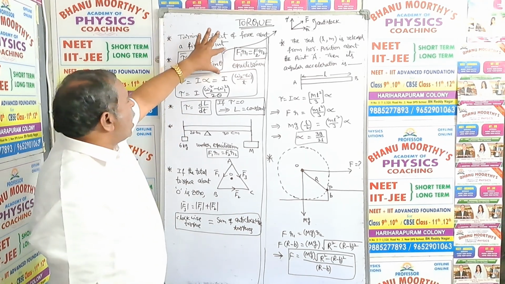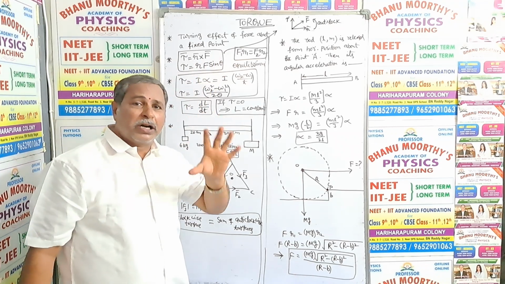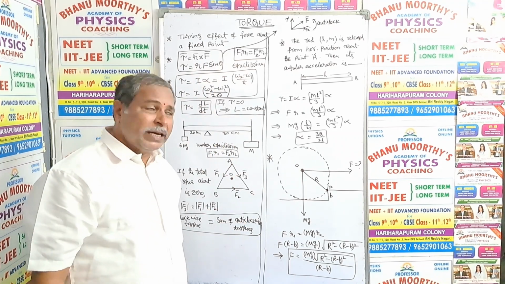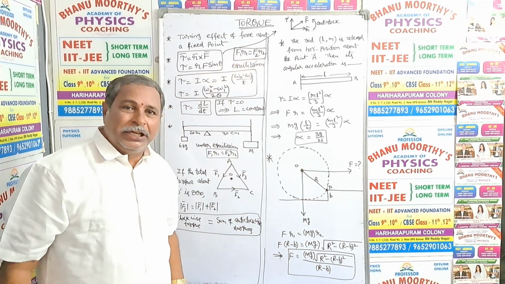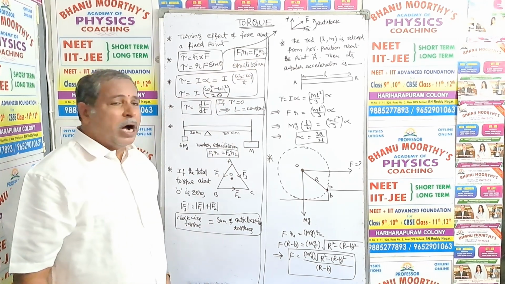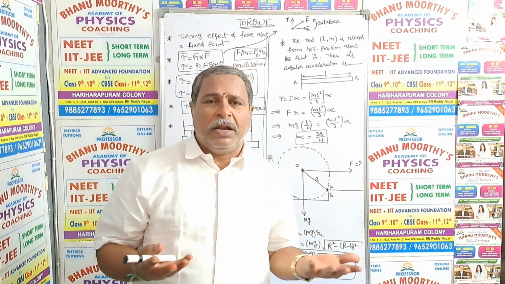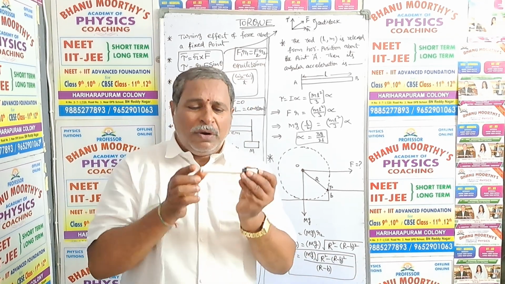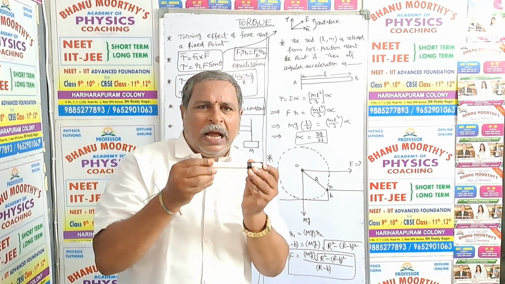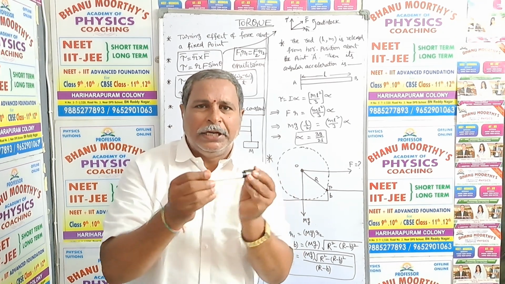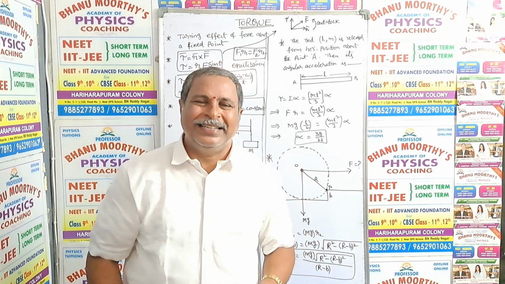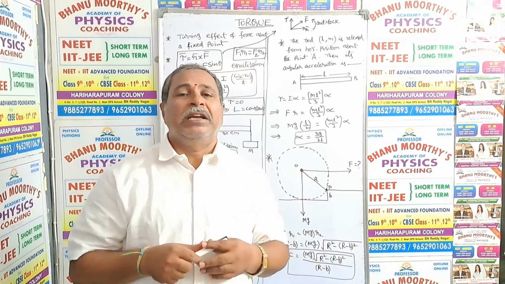Now, the torque formulas are r cross F, the cross product of position vector and force vector, and r F sin theta. Then the equilibrium condition: r1 F1 equals r2 F2. If the clockwise torque and anti-clockwise torque are equal in magnitude, the body does not rotate. This is the condition for equilibrium.